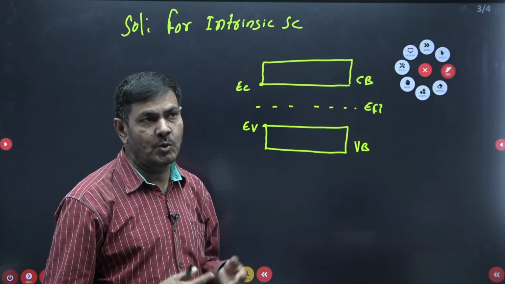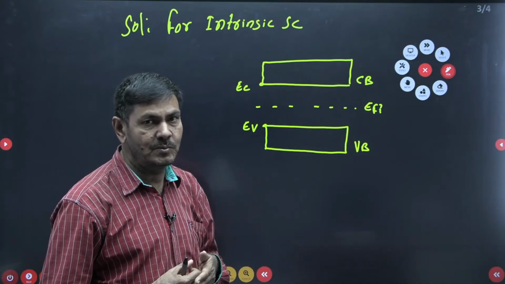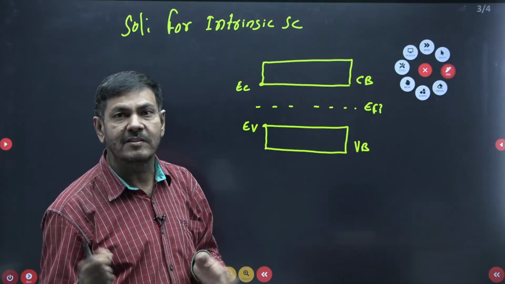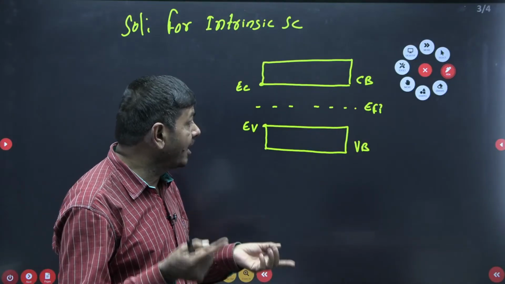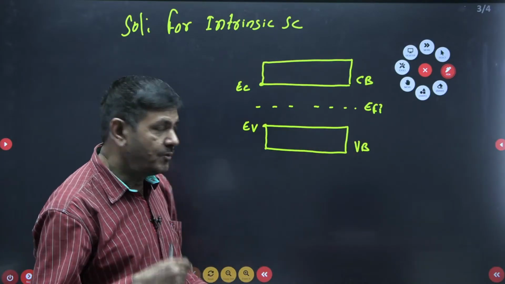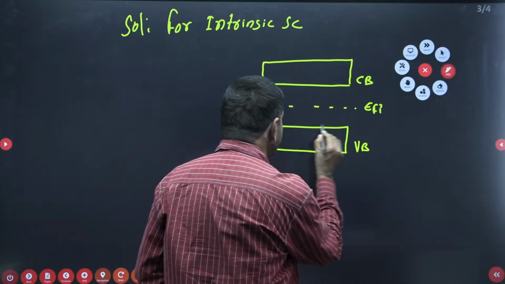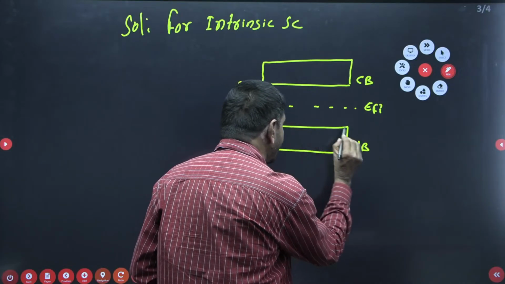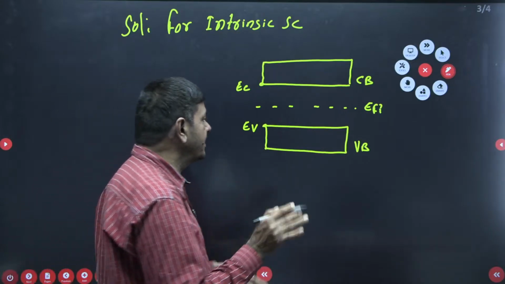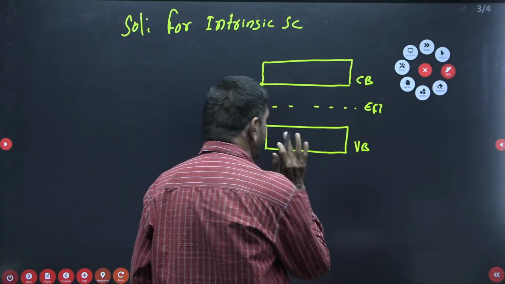Those electrons are within the attractive force of the nucleus, bound by the nucleus only. Anyhow, the valence band is with covalent bonds, and electrons are existing within the bond. That means all the electrons are in this band only.